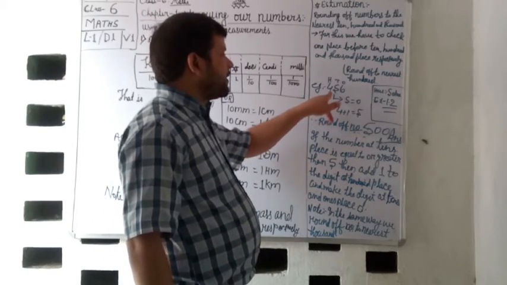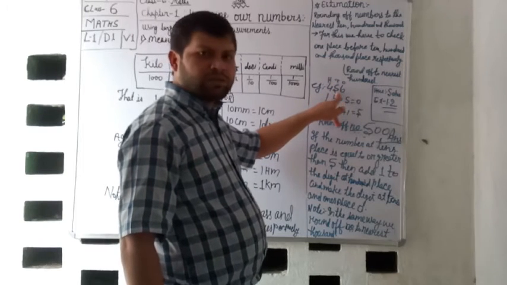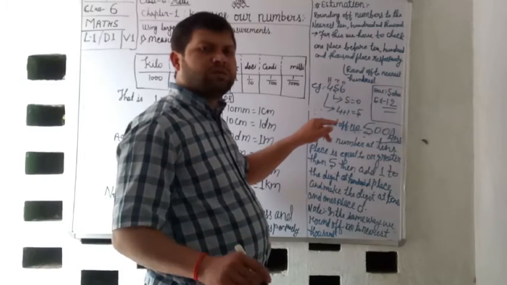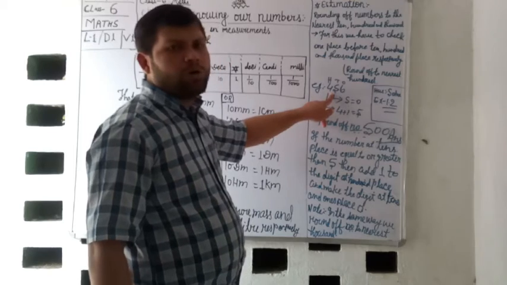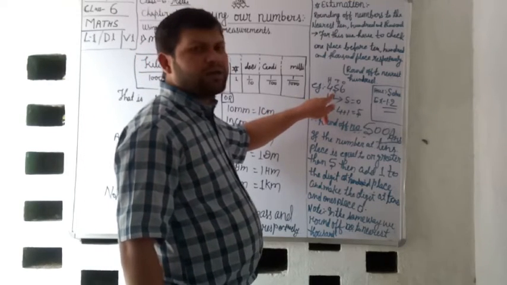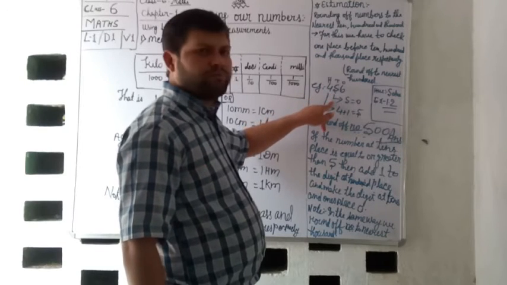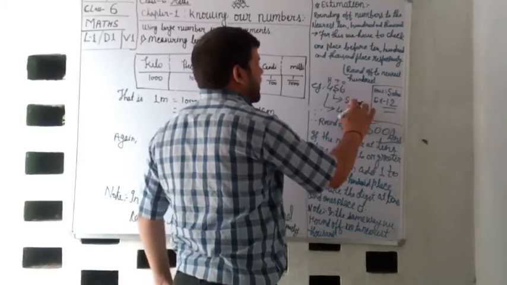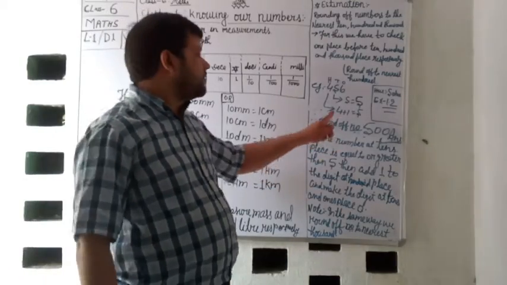We have to look at the digit at the tens place, because we are rounding off to the nearest 100. The digit at the tens place is 5, which is equal to 5.